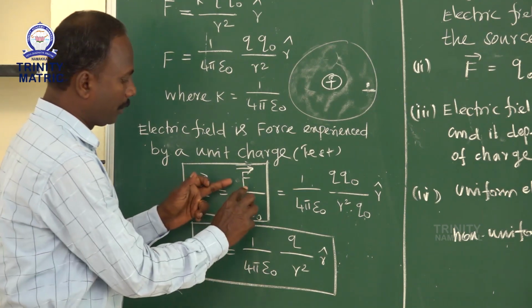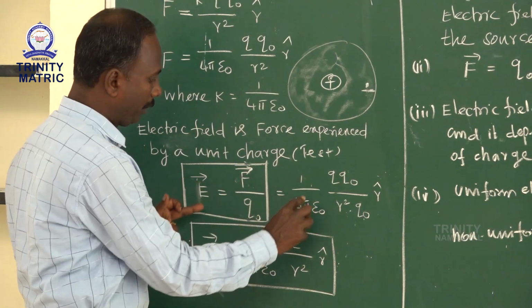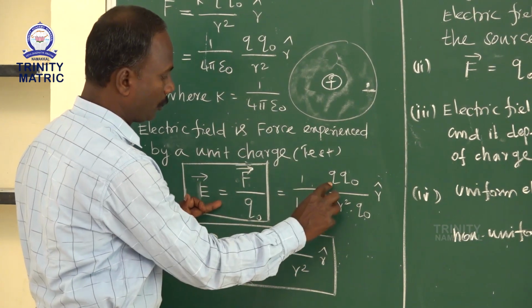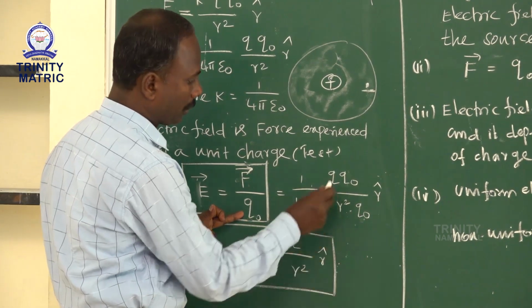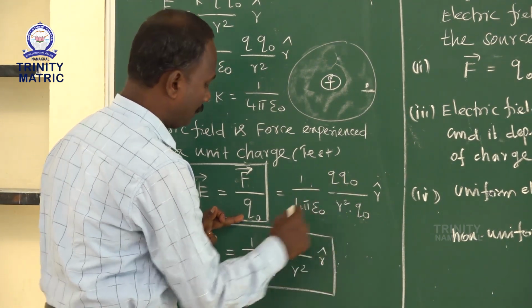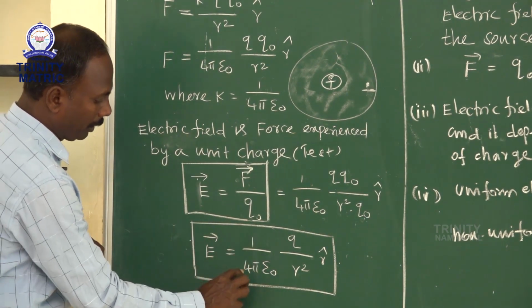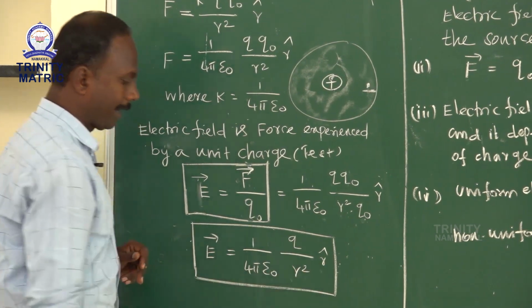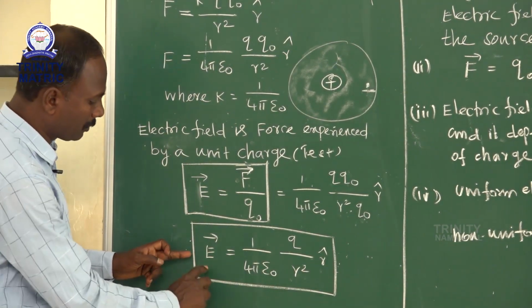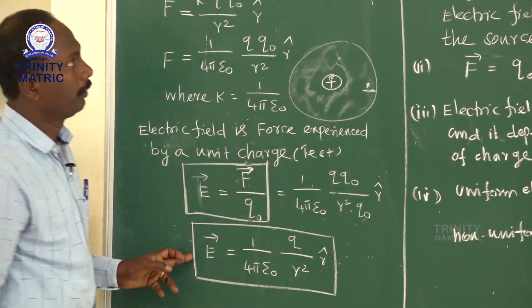Substituting the force value, 1 by 4 pi epsilon naught Q Q naught by r square, and in this Q naught will be cancelled. Rearranging this equation, E vector is equal to 1 by 4 pi epsilon naught Q by r square into r cap. That is the expression for the electric field due to a point charge.